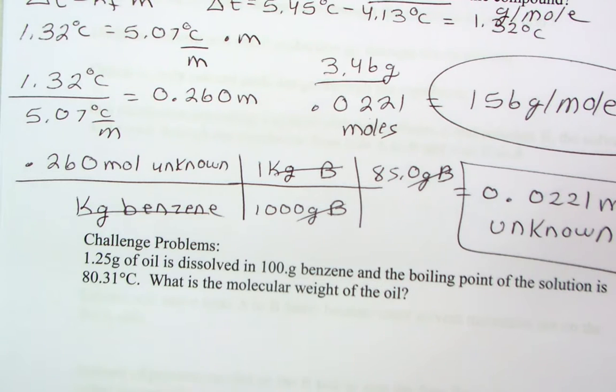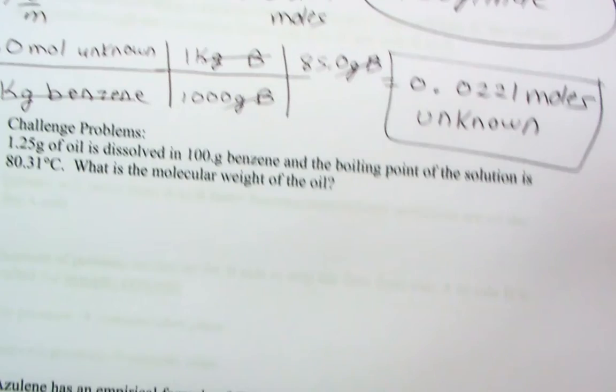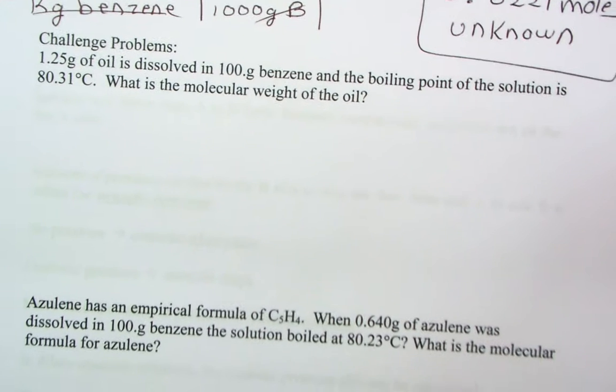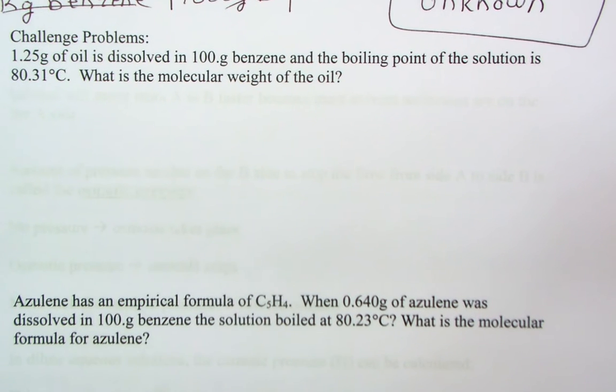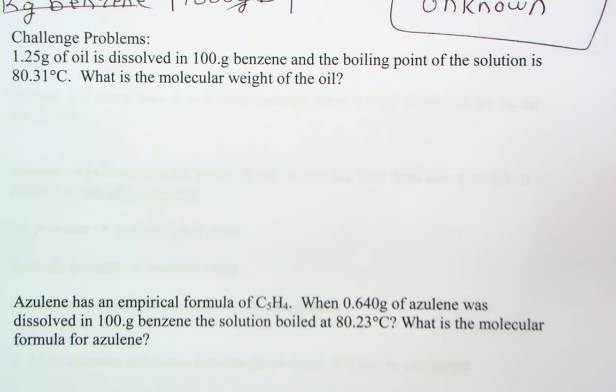Now, we've already discussed the freezing point depression, which is the related concept. And in lab, you actually went through and did a molar mass calculation. So now we're going to look at two of the harder problems.